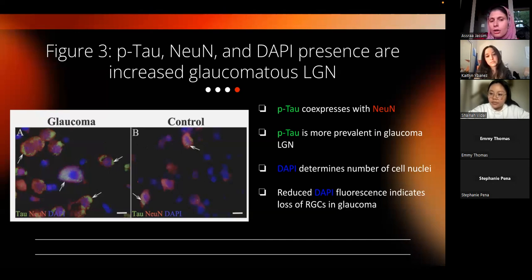So in the glaucoma, you see, for example, on the far left of the image, just below, you see the blue, and then there is green. Far left, go far left, here. This. So you see the DAPI nucleus, and you see green, which is tau, but you don't see NeuN. This means that this is not a retinal ganglion cell. What is this cell?